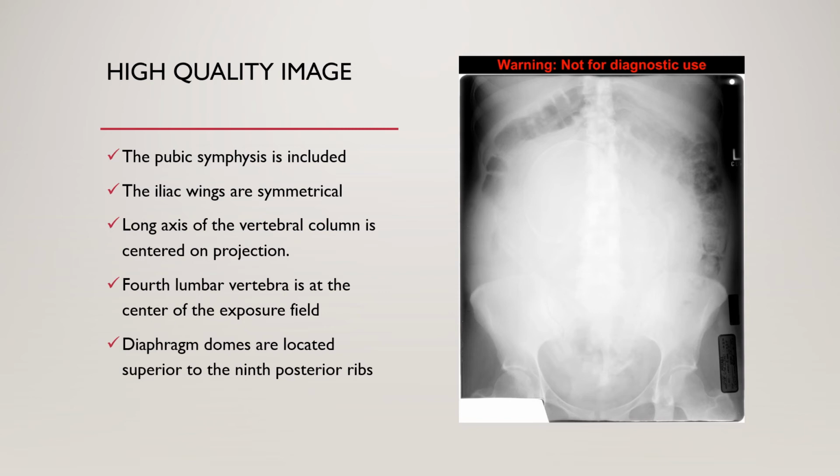The vertebral column is completely in the center. The fourth lumbar vertebra is at the center of the exposure field in line with the iliac crests, and the diaphragm domes are located superior to the 9th posterior ribs. So this is pretty much what you want your AP abdomens to look like.